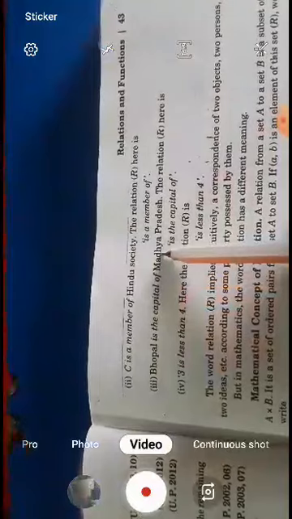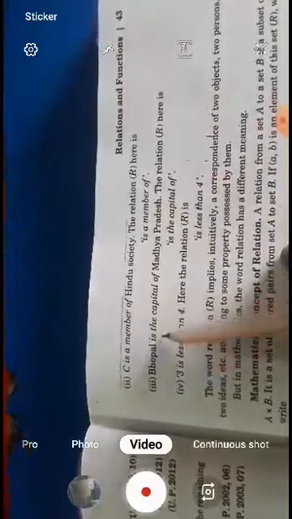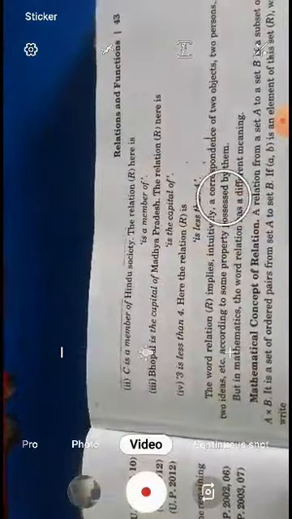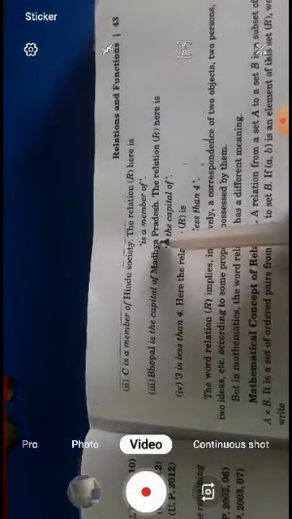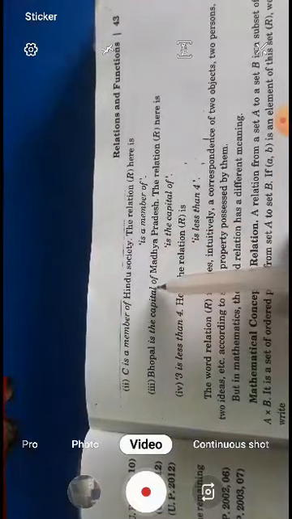Bhopal is the capital of Madhya Pradesh; 'is the capital of' is the relation between the two things, Bhopal and Madhya Pradesh.